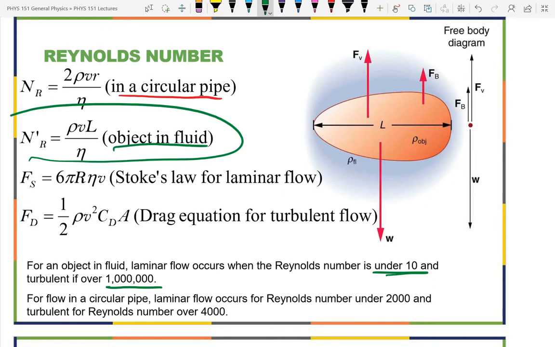So if the person's falling through the air, of course you don't have a uniform length, but if you're all spread eagle, you measure, basically from head to toe and say that's going to be roughly the L I'm going to use. So that'd be your height if you're all spread eagle, just falling down. And then divided by eta, the viscosity for which fluid? Certainly not my blood. The air, right.